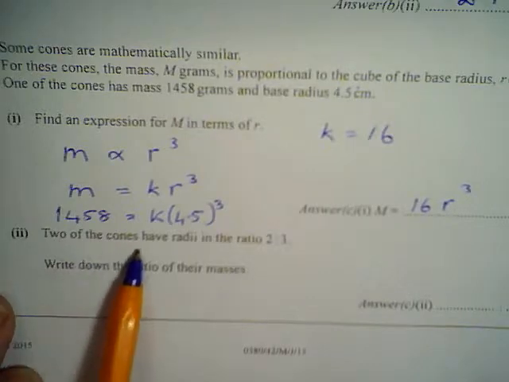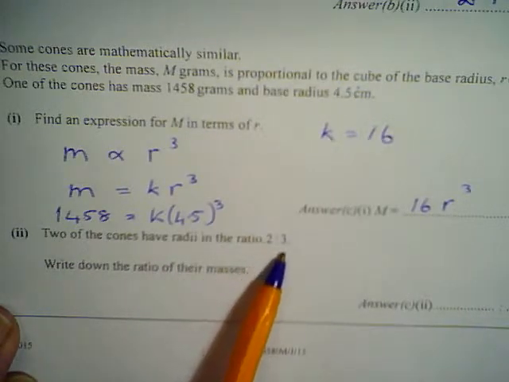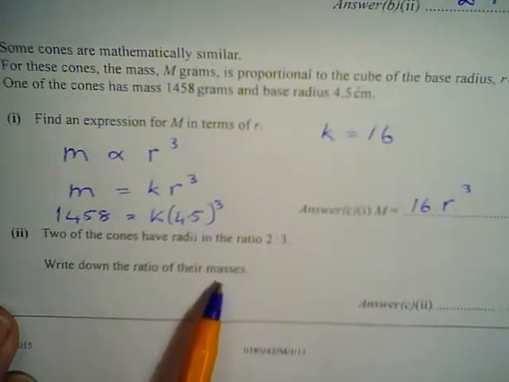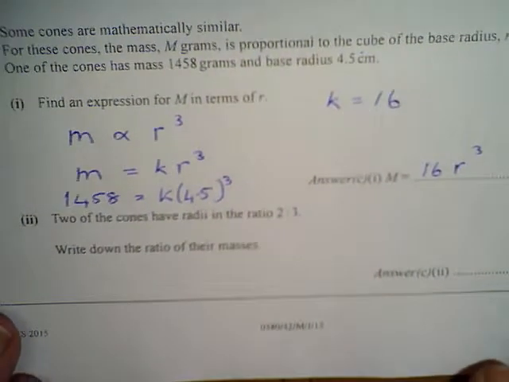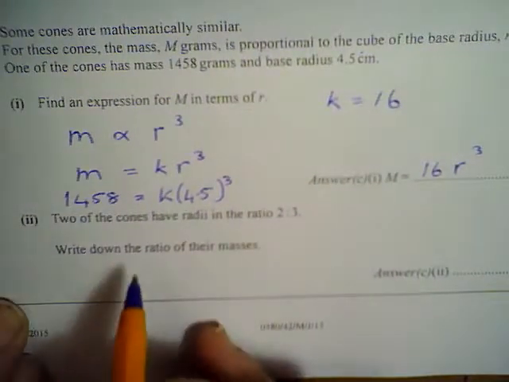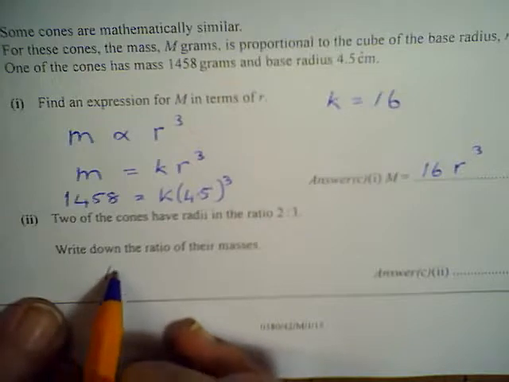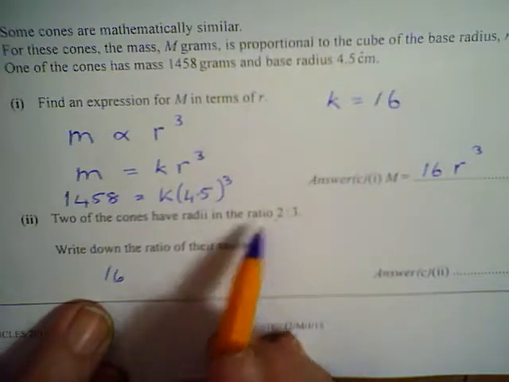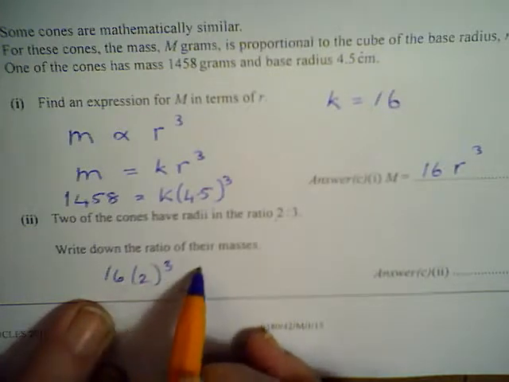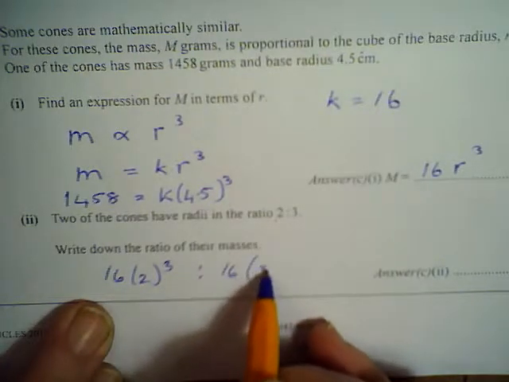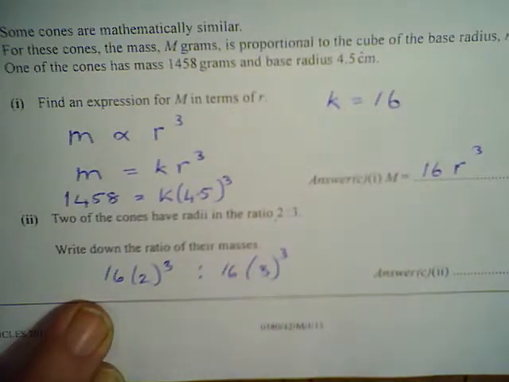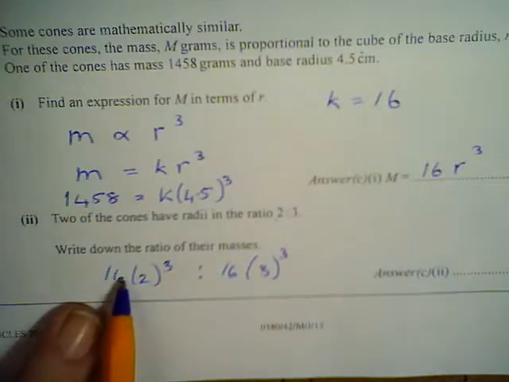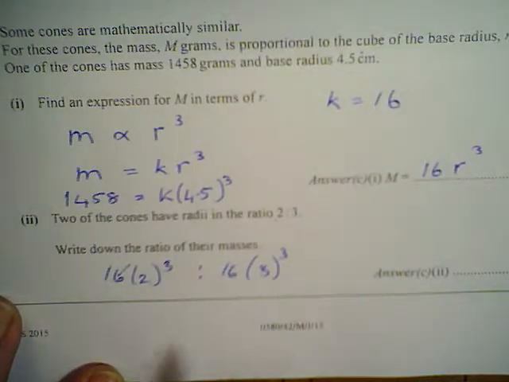Two of the cones have radii in the ratio 2 to 3. Write down the ratio of their masses. Okay, so all we need to do is just use that. So it's 16 times radius 2 cubed to 16 times radius 3 cubed. Okay, I can divide by 16 on both sides and cancel out the 16s.